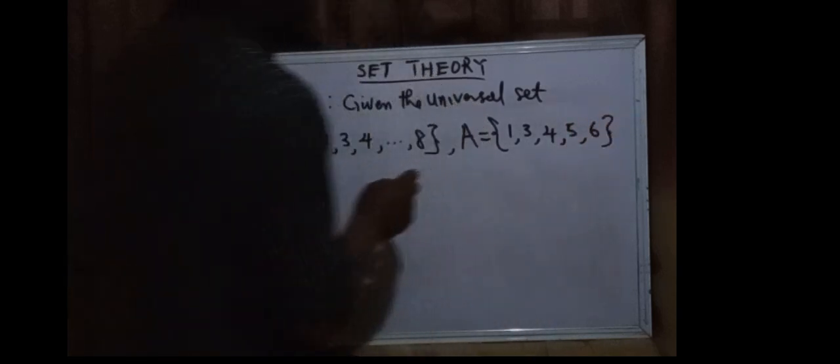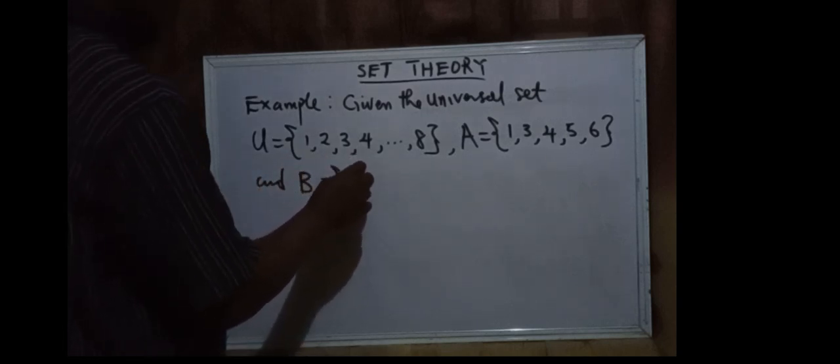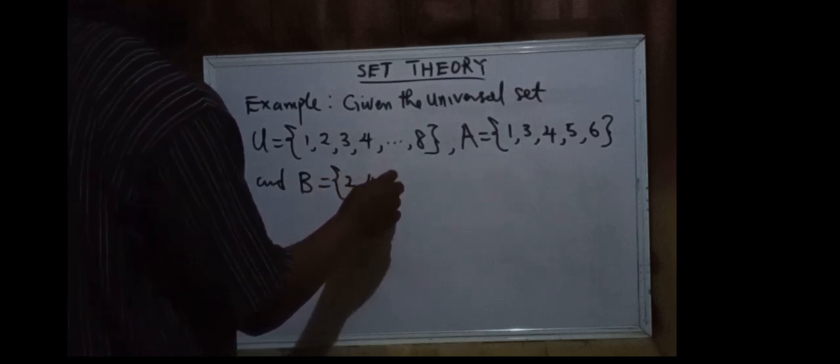Example: given the universal set U equal to 1, 2, 3, 4 up to 8, and the set A of elements in U is 1, 3, 4, 5, 6, and B is equal to 2, 4, 6, 8.